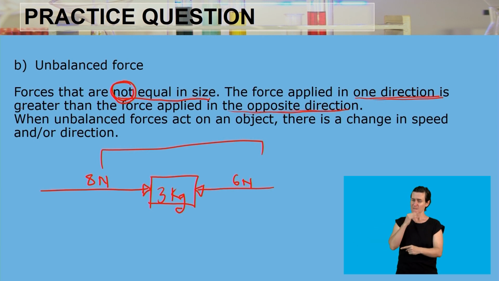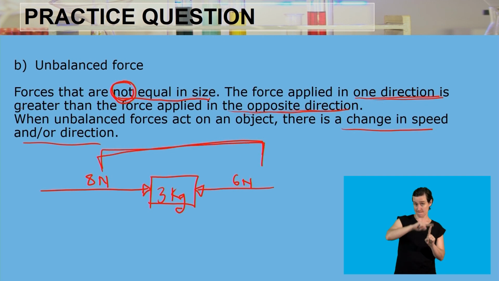So when unbalanced forces act on an object, there is a change in speed and or in direction. So if this object was stationary, that means if this object was not moving, and these two forces were applied onto this object that is not moving. When we now add these two forces, remember direction, we said that the negatives in sciences, they show direction.